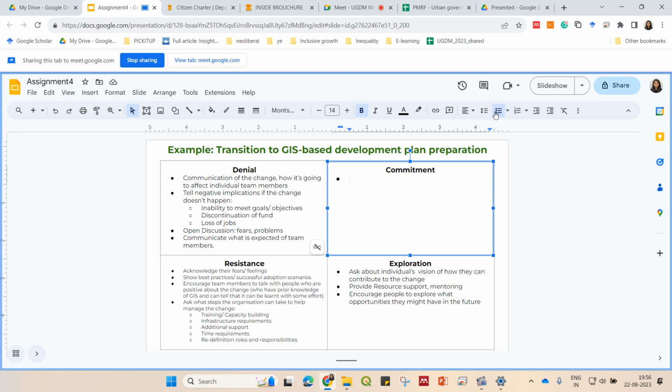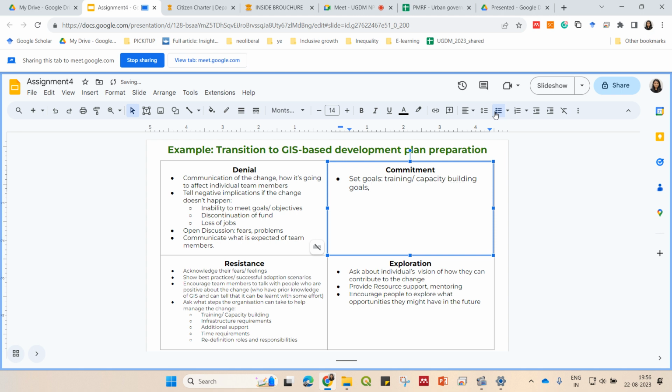Okay, I'll just tell quickly because we are running out of time. So maybe you can set goals. So goals can be training or capacity building goals. So how much training they need?